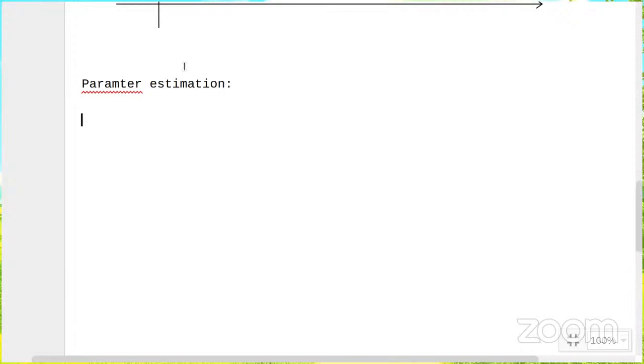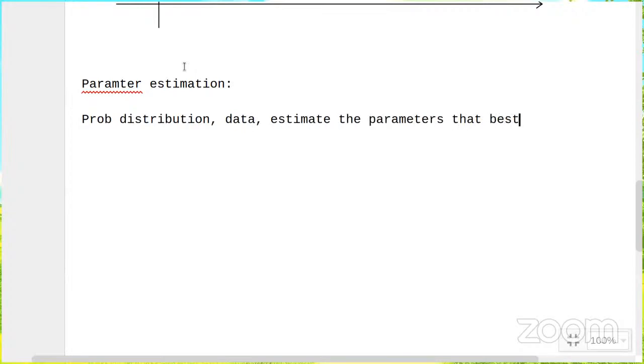You are given some probability distribution, and you are given some data. Now, how do you estimate the parameters that best fit this data? This is the problem that we are trying to solve, and there are several ways to do it. One of the ways is MLE, or maximum likelihood estimation.